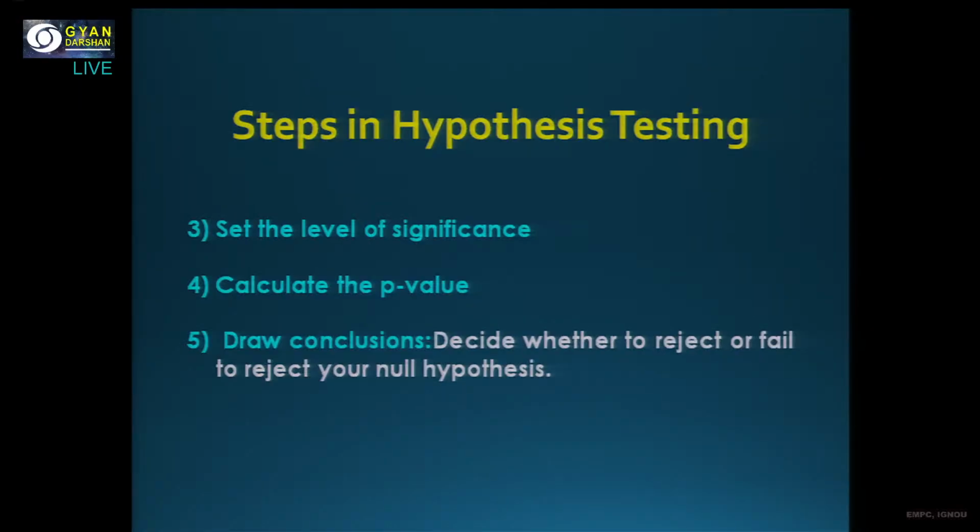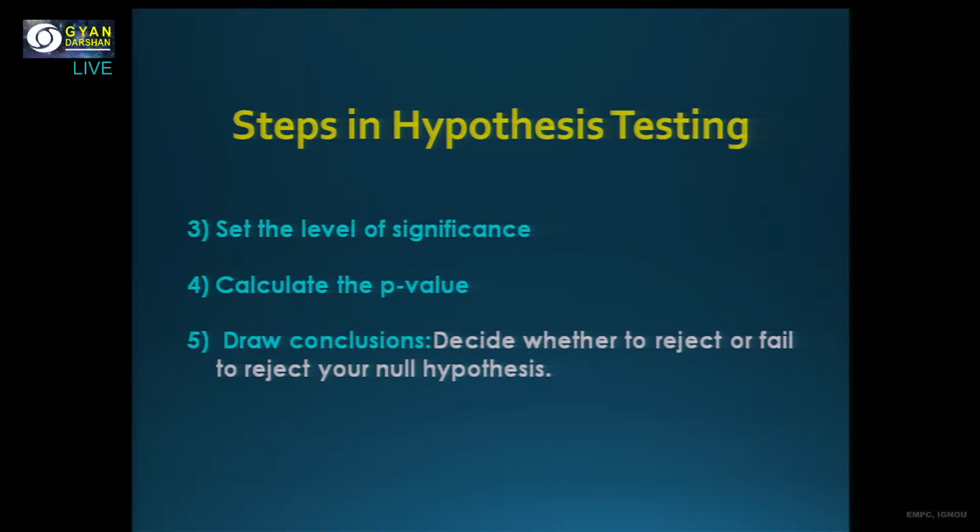That rejection or not rejection, or if I put it in a casual way, reject or accept, will be decided looking at the level of significance and the next one, the p-value. We will have a p-value, then we will see the level of significance, and accordingly a conclusion will be drawn.